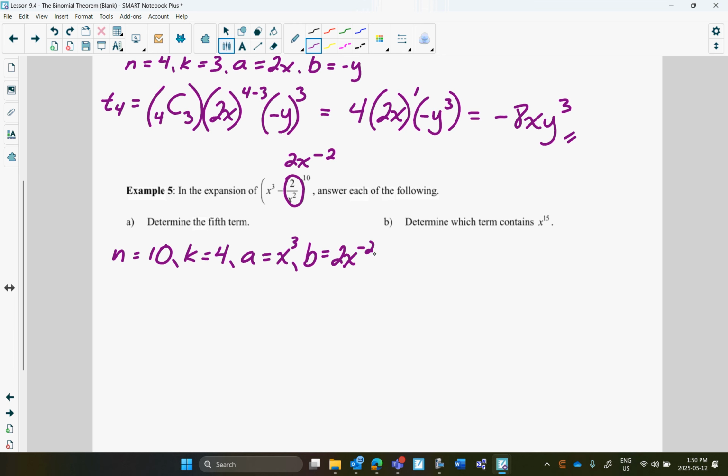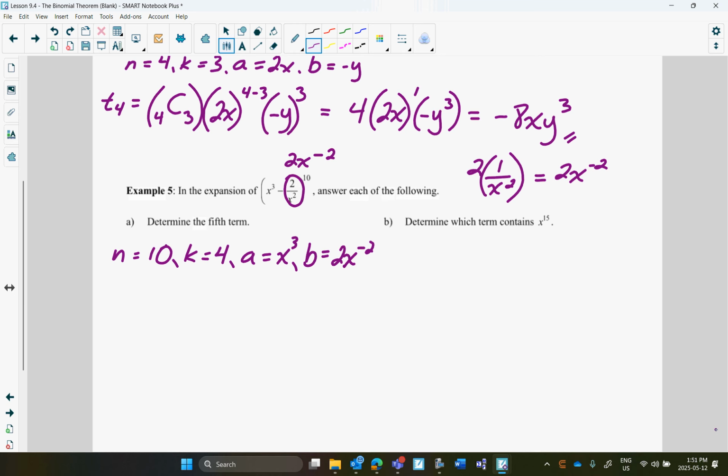Because there's a 2 here, 1 over x squared is the same as x to the negative 2. So it's the same as 2 times x to the negative 2.